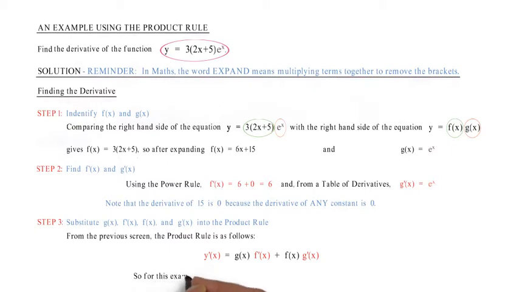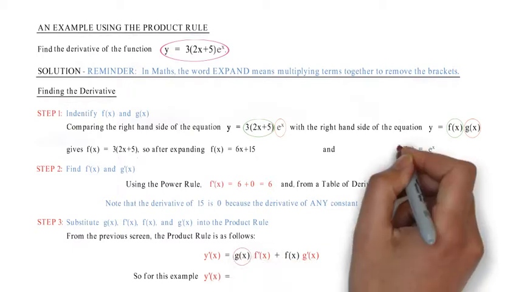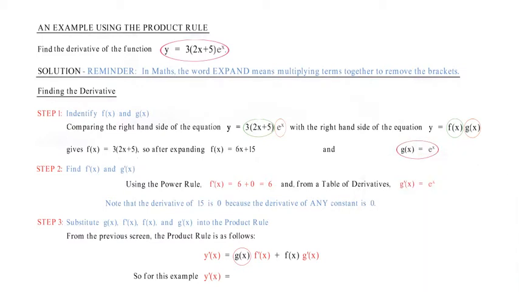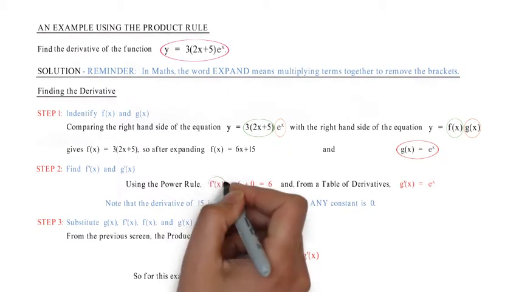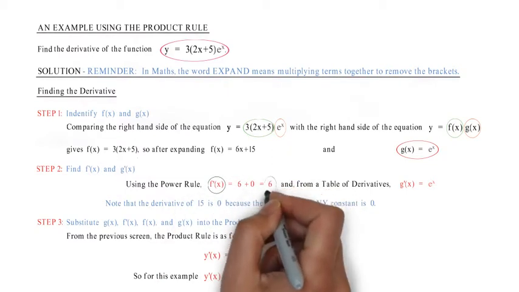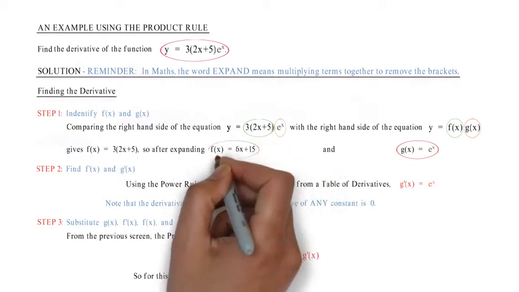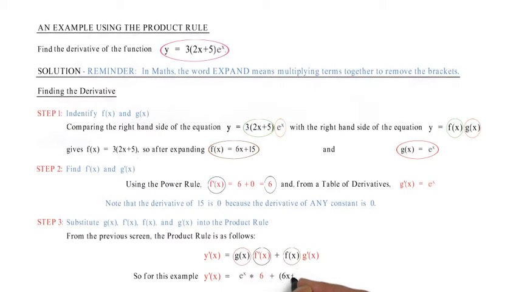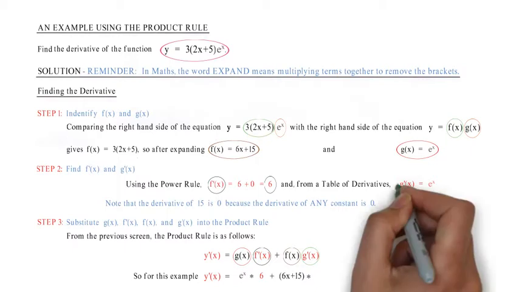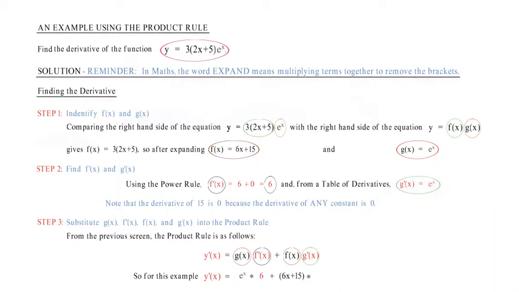So for this example, y'(x) equals g(x), which is e to the x, times f'(x), which is 6, plus f(x), which is 6x plus 15, times g'(x), which is e to the x.